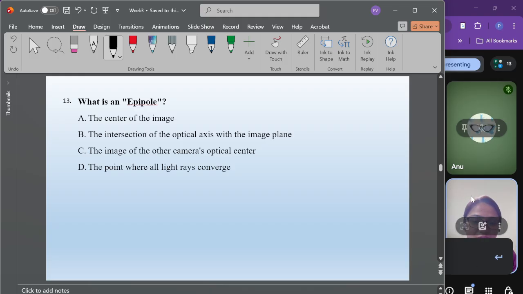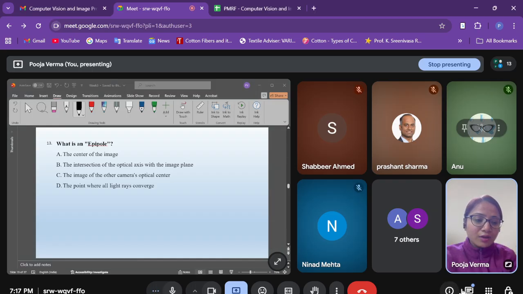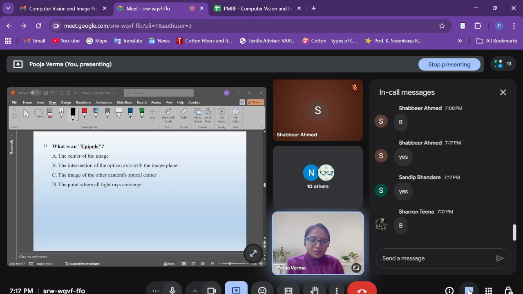Which option is correct? Try to answer this question. What is an epipole? It is a basic, simple question.